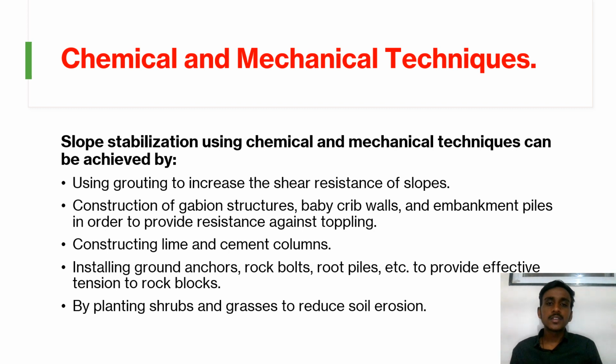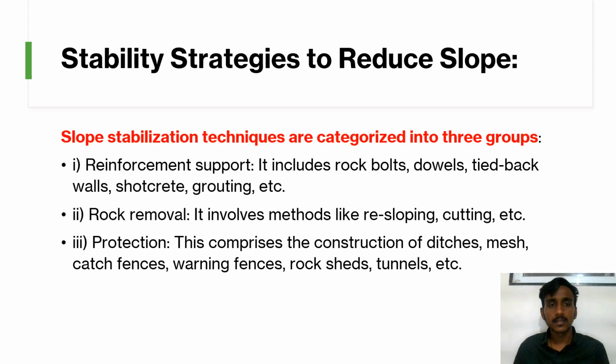First is grouting to increase shear resistance of slopes. Second is construction of gabion structures, retaining walls, and embankment piles to provide resistance against toppling failure. Constructing lime and cement columns. Installing ground anchors, rock bolts, and root piles to provide effective tension to rock blocks. And soil erosion can be reduced by planting shrubs and grasses.